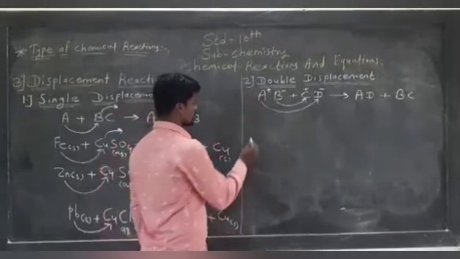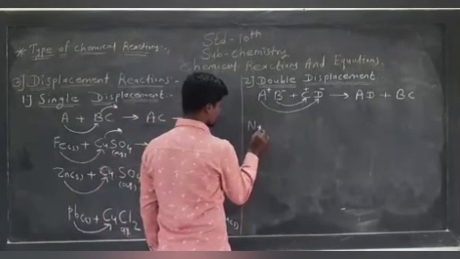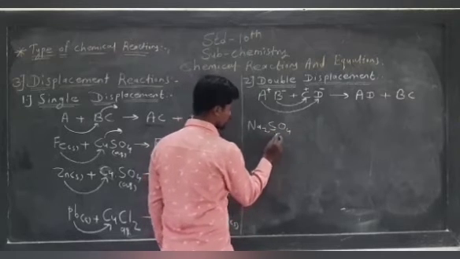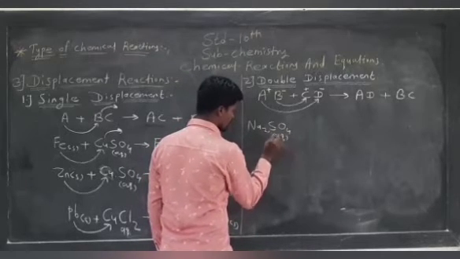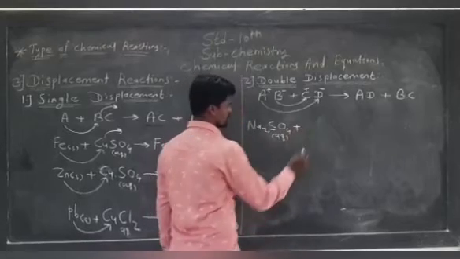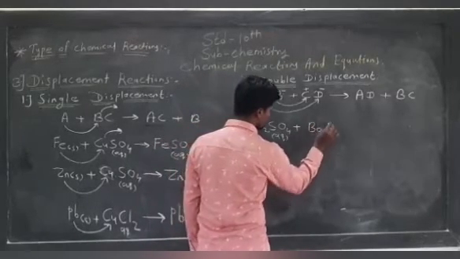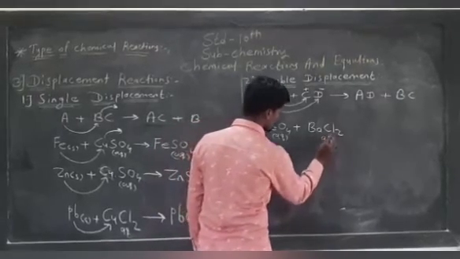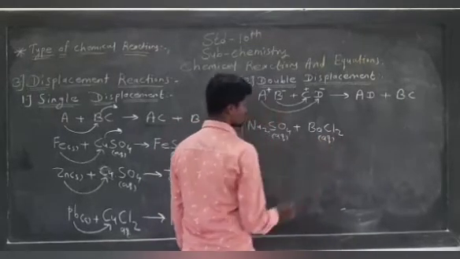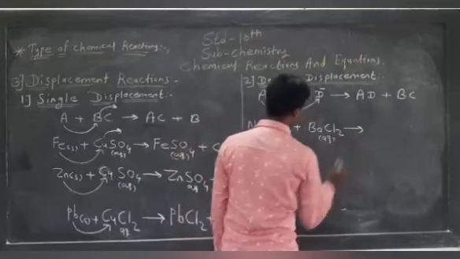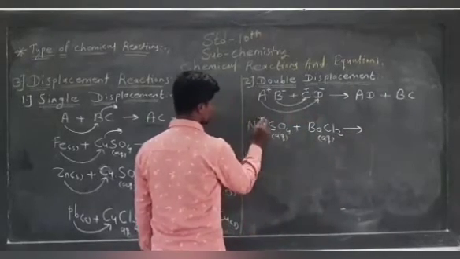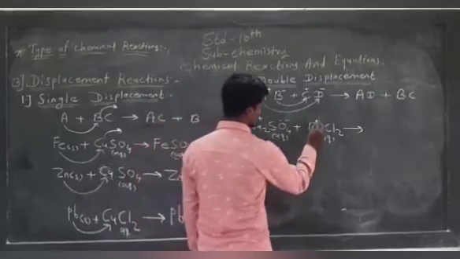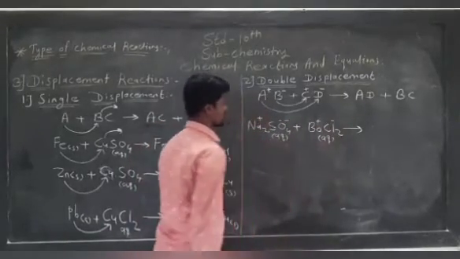So for example, Na2SO4 in aqueous form plus barium chloride, BaCl2, also in aqueous form. Sodium contains positive charge, sulfate contains 2 negative charge, barium positive, chloride negative.